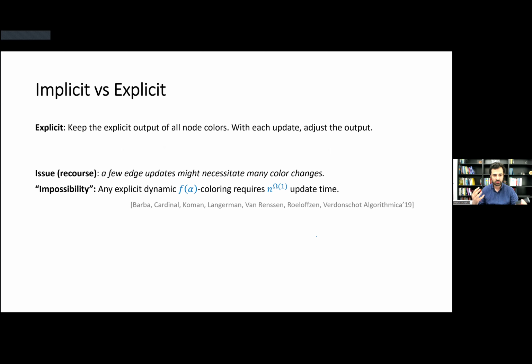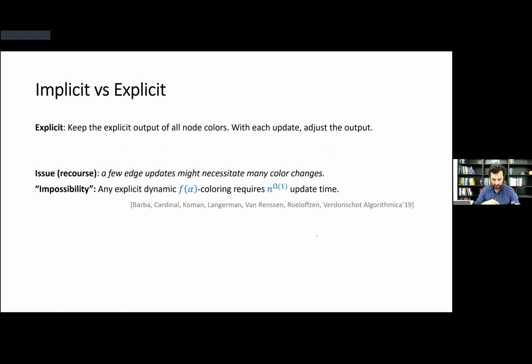Turns out that this is too strict, and there's a result by Barbara et al. that says, if you want the coloring as a function of arboricity, any function, such an explicit dynamic algorithm for coloring would require poly of n update time. So it's somewhat of an impossibility.